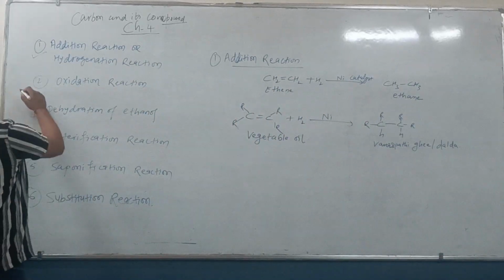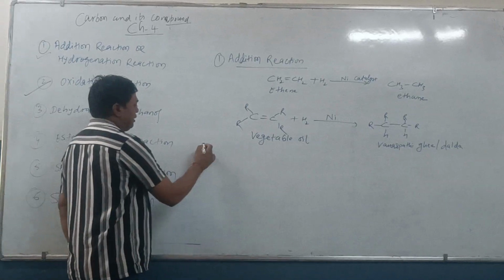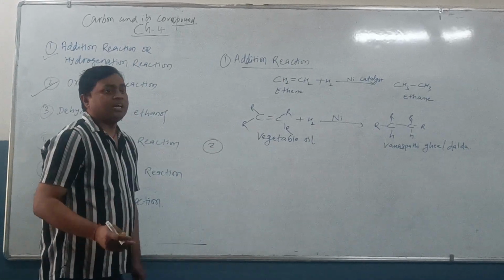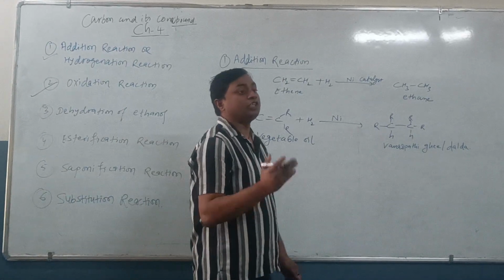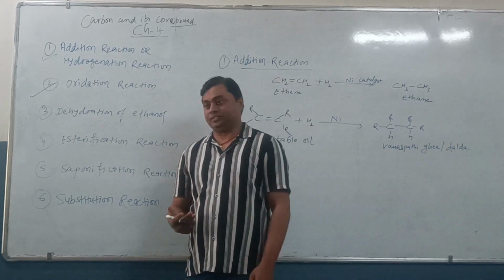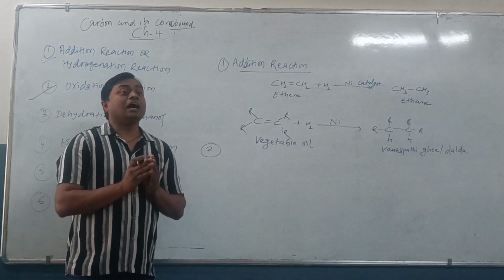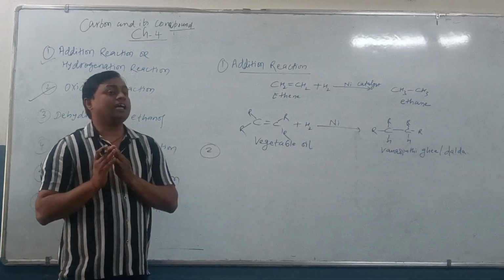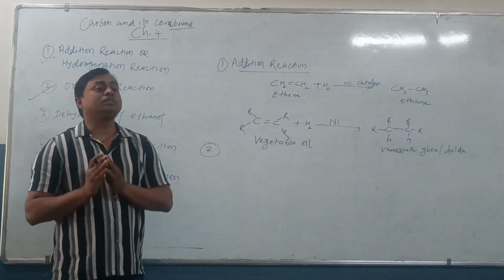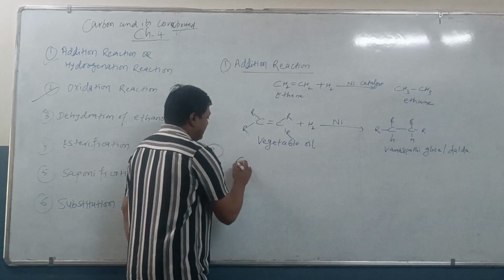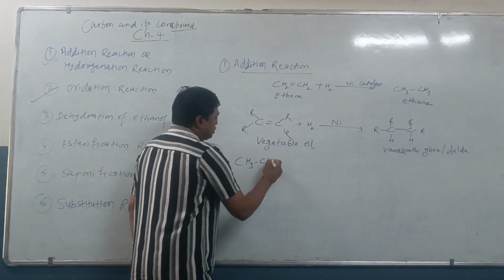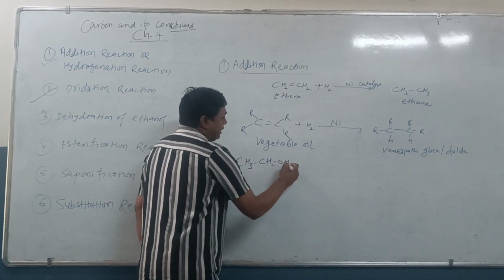So this is called hydrogenation reaction. Next, oxidation reaction. Very, very important. Here the reaction in which ethanol changes into ethanoic acid in the presence of an oxidizing agent like alkaline KMnO4 and acidified K2Cr2O7. Try to understand. CH3CH2OH, this is ethanol, children.